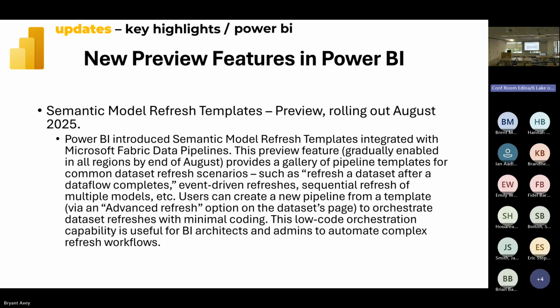They've now got a way to just go in and set it up and say, hey, after this pipeline finishes, refresh this report, and do contingencies and DAG-like structures and things like that. So that's in preview right now and is rolling out.